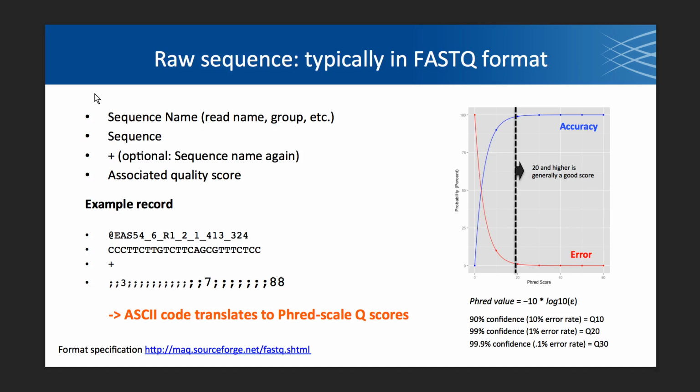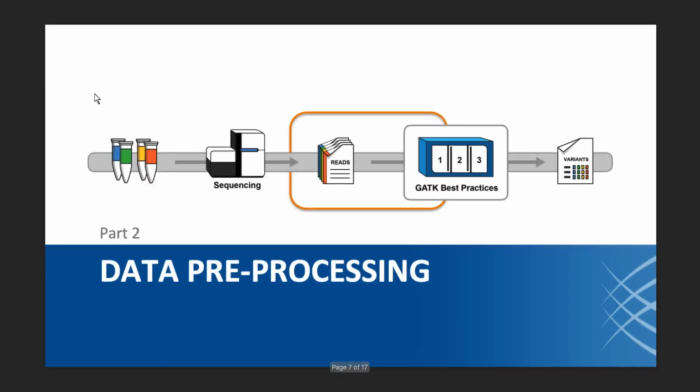Right? So this is also how we think of it. Q20 is our threshold for many things regarding quality. One important point, and we will talk about that again later, is that these qualities are what the machine thinks the error is. The machine is not always right, and we will fix it as one of our steps. All right.